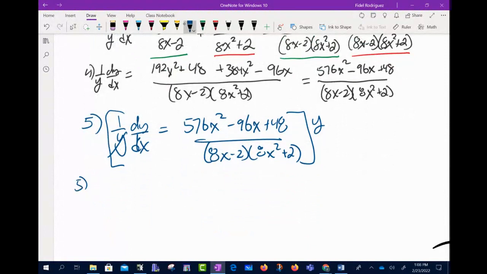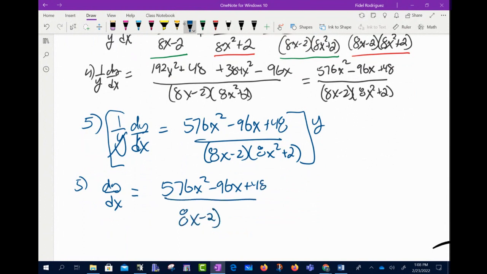So step number 5, we're going to have dy/dx equal to 576x squared minus 96x plus 48, all over 8x minus 2 and 8x squared plus 2.